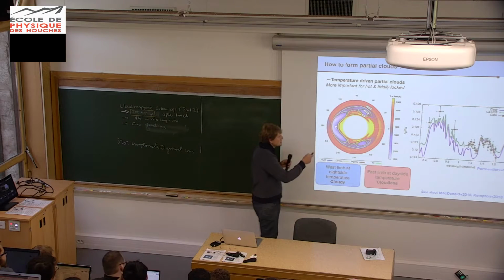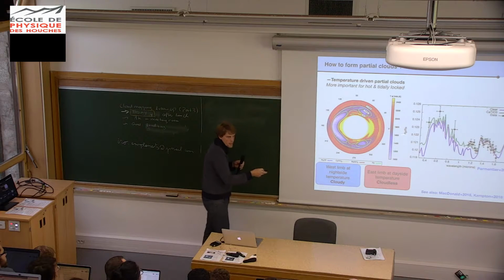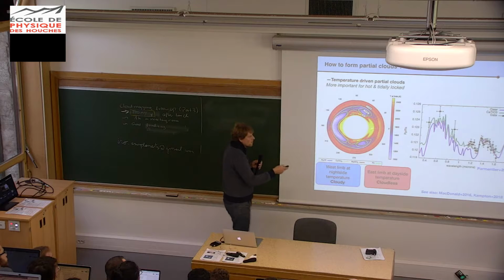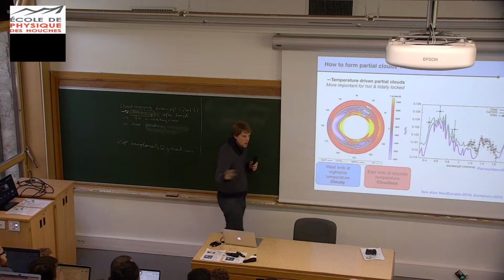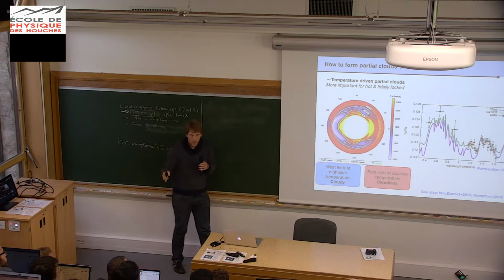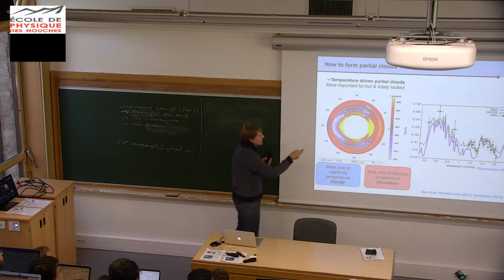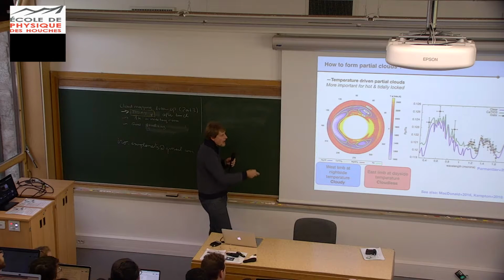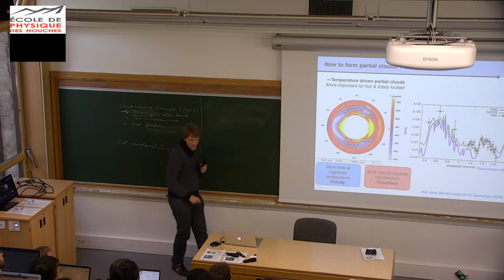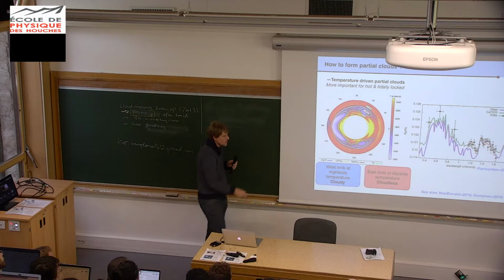And you can see that the temperature contrast between east and west limb is like 1,000 K. It's big. And that's enough that on the east limb, I don't expect any clouds to form. It's way too hot. Any particle is going to evaporate. Whereas on the west limb, I get this whole region that's cold enough that everything should condense.